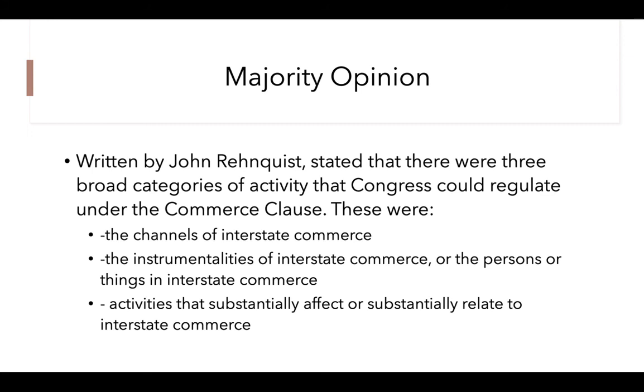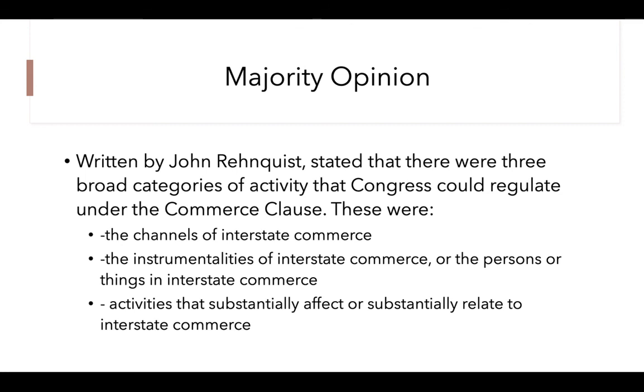So the Gun Free School Zone Act must be able to have channels of interstate commerce, not being so broad of the interstate commerce. They must have instrumentalities of interstate commerce. In other words, they should be able to have some concepts of interstate commerce written within the act itself. But not just that, they must have activities that substantially affect and relate to interstate commerce.